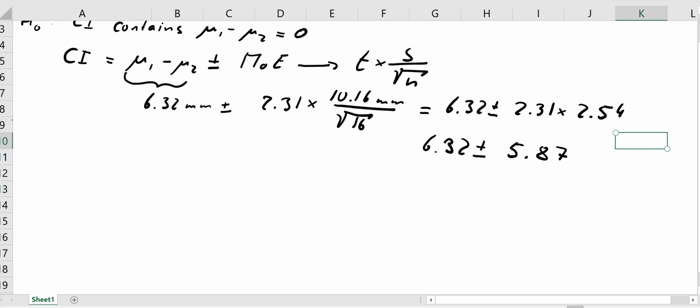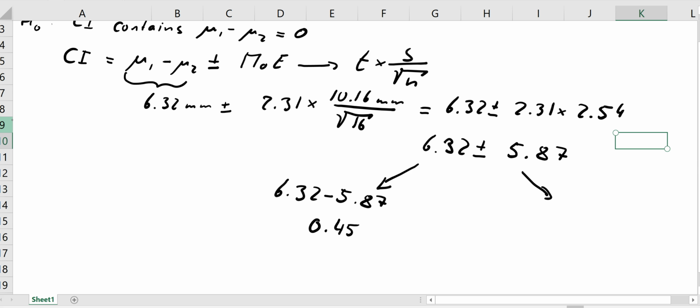So if we do that for a lower bound, so that would be 6.32 minus 5.87, and that gives us 0.45.